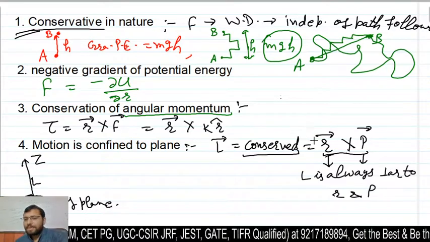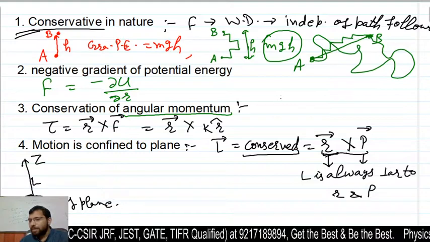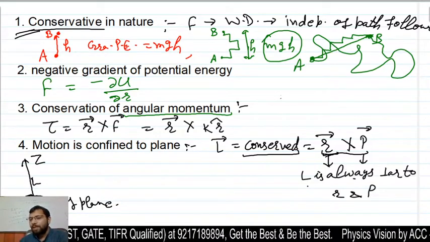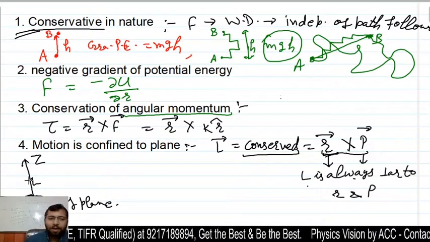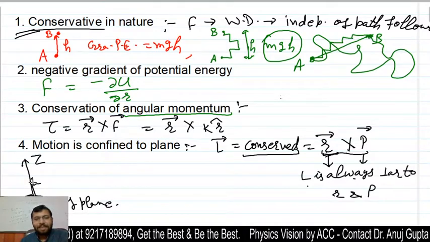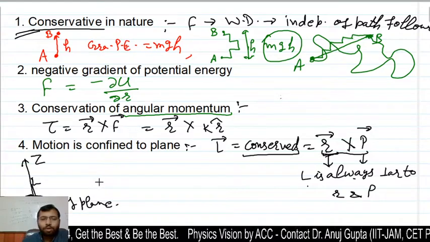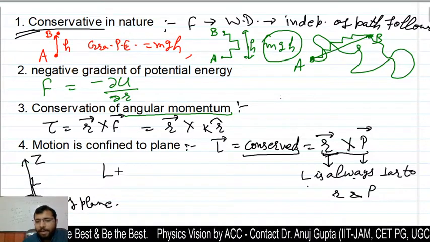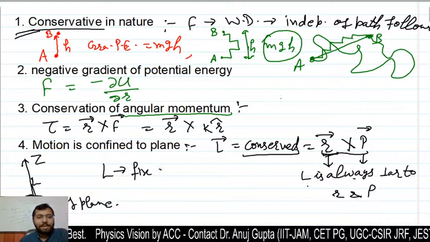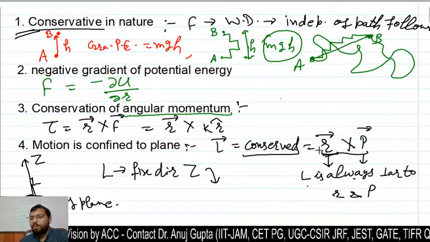Otherwise, if let us say r comes out of the xy plane, then the direction perpendicular to r, which is L, will not lie along the z-axis, but will lie along a certain axis other than the z-axis, which is inclined to the z-axis at a certain angle. तो अगर आपको L हमेशा कांस्टेंट फिक्स डायरेक्शन में रखनी है, फिक्स डायरेक्शन z में रखना है, तो आपको r क्या करना पड़ेगा और p क्या करना पड़ेगा?